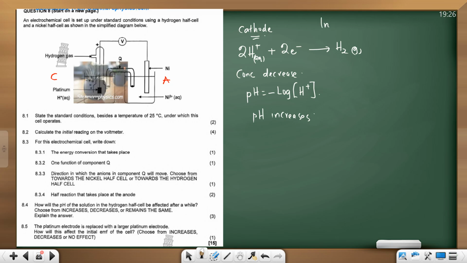Then you do your explanation and you just write: increase. Why? The concentration decreases. If the concentration decreases, it is actually becoming more basic. pH is now increasing.